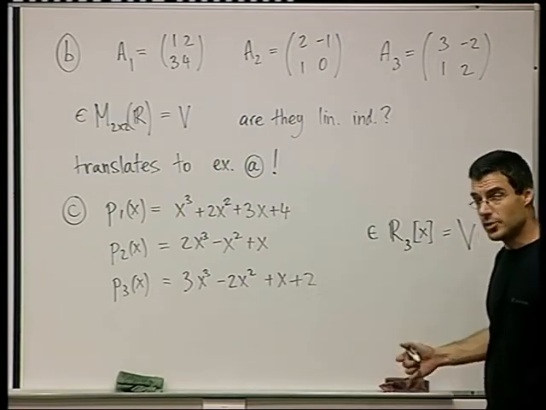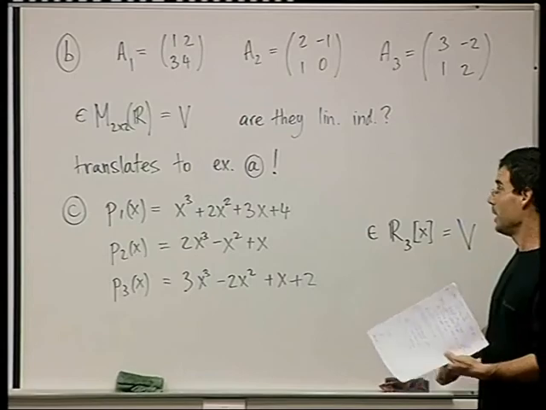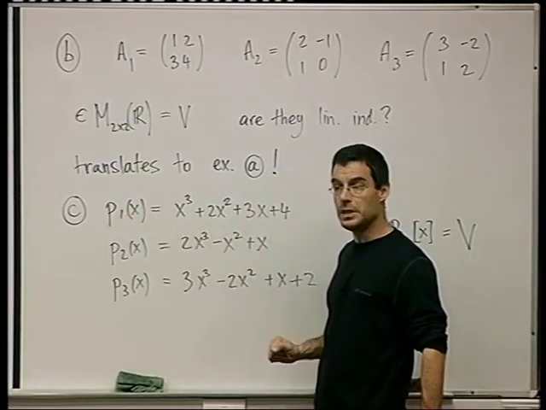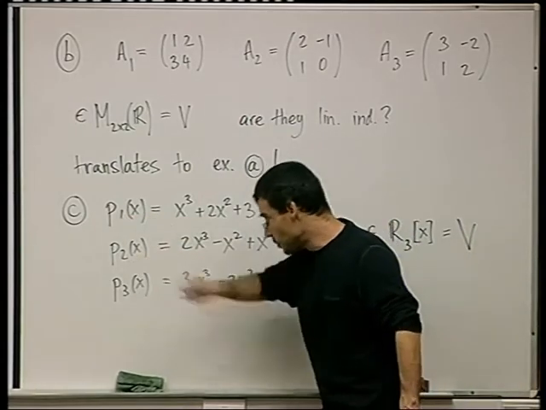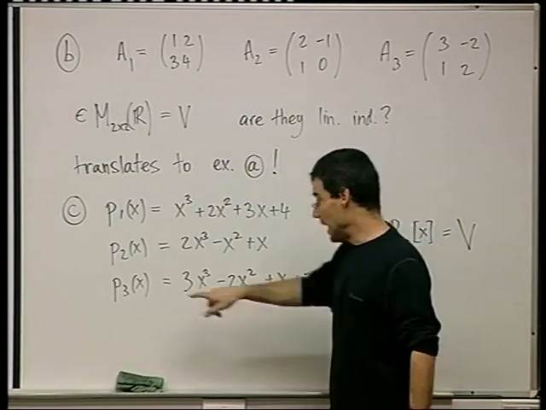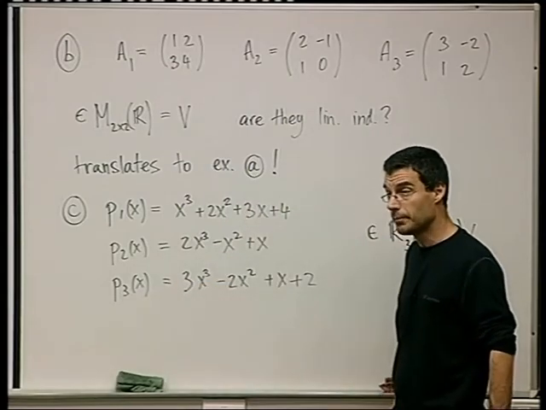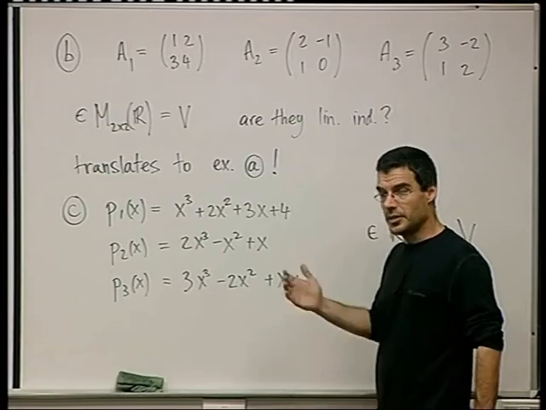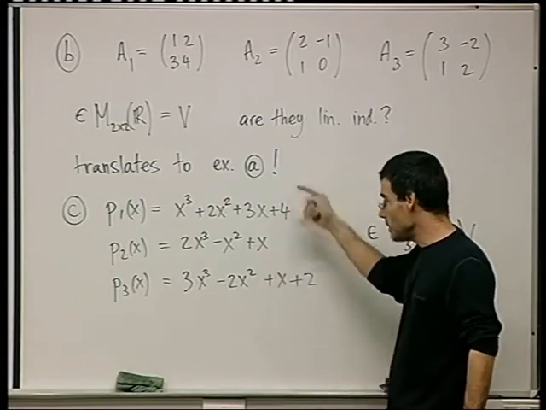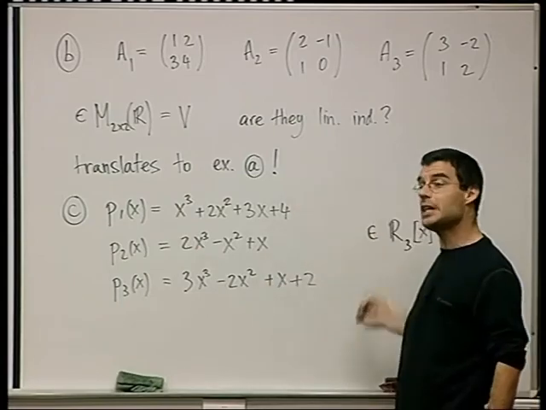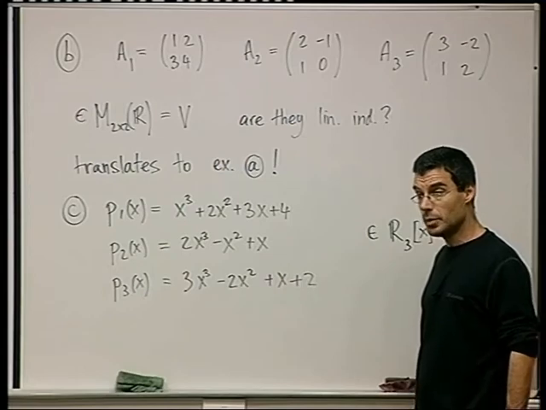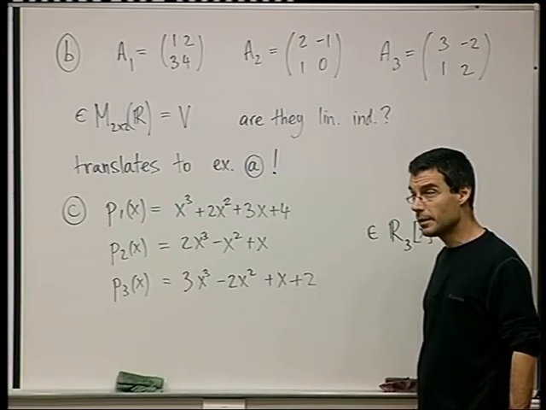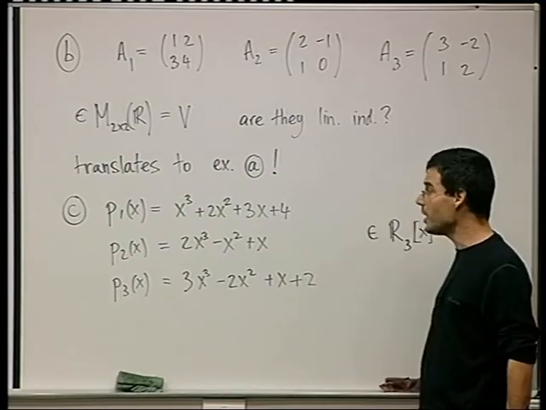And the way to answer that question would be, well, take alpha 1 times P1 plus alpha 2 times P2 plus alpha 3 times P3. Are there non-zero alphas such that when you do the linear combination, you get 0? Do you agree? Everybody with me? Okay, so it's precisely the same question.